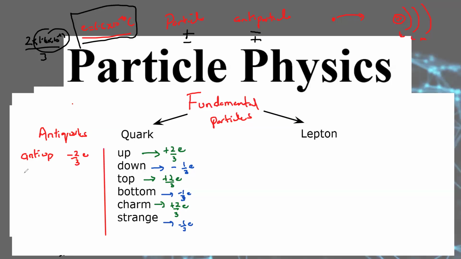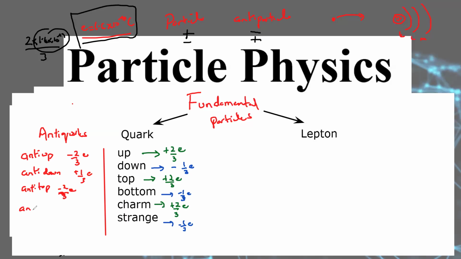Then we will have anti-down. What will be the charge on anti-down? Plus 1 by 3 E. Because the only difference between a particle and its antiparticle is the charge. Then we will have anti-top, minus 2 by 3.